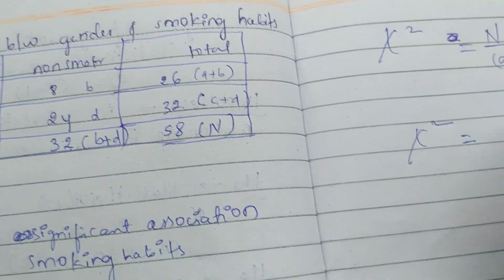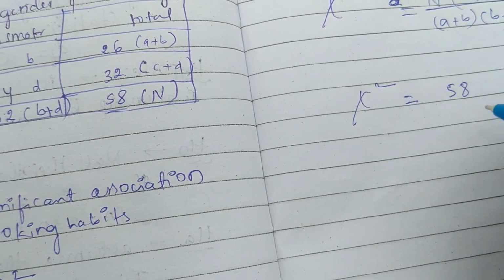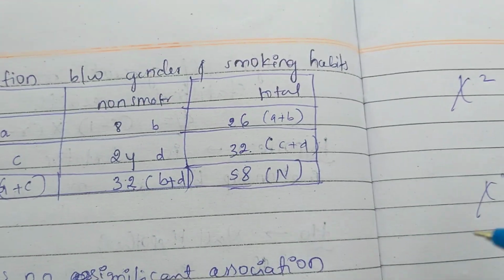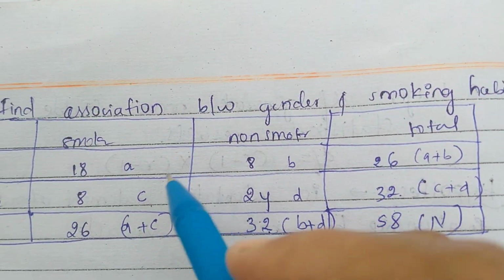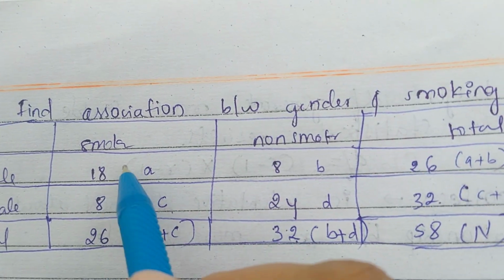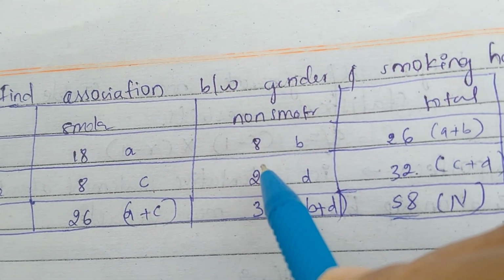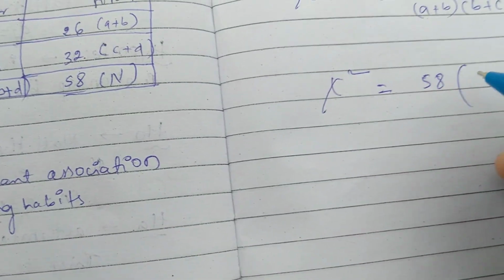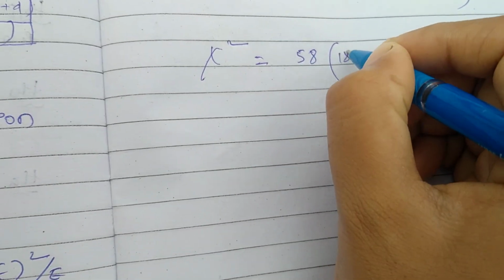So N we have is 58, which is our total number of observations.